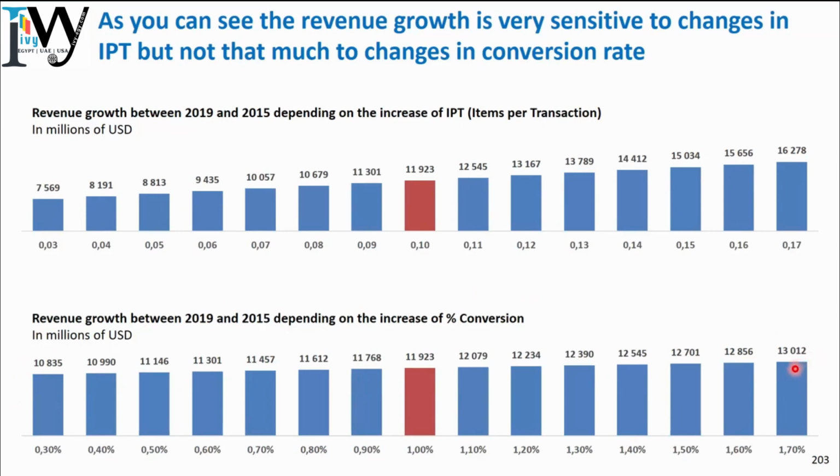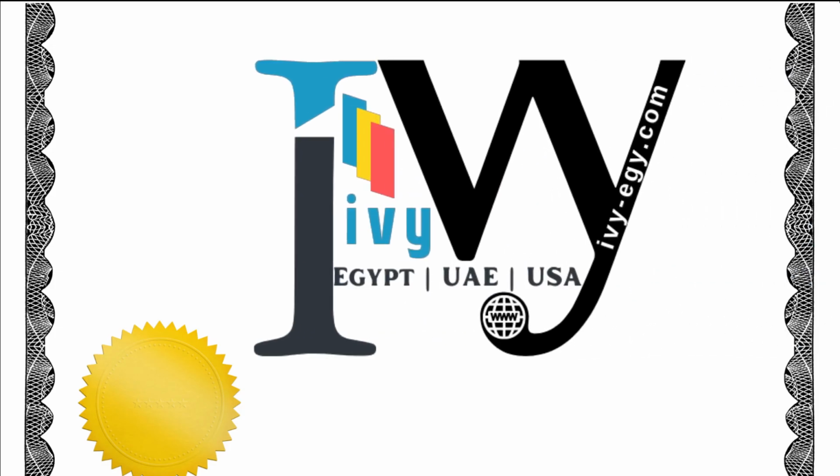So it's much lower volatility than we had in the upper case with the IPT. So in this way you show them next to each other where the volatility stands. There are big differences between the results here and small differences here in the changes in the assumption on the conversion. Therefore, we should concentrate on proper modeling or hedging the risk when it comes to IPT, because this is the main driving force of the whole model.